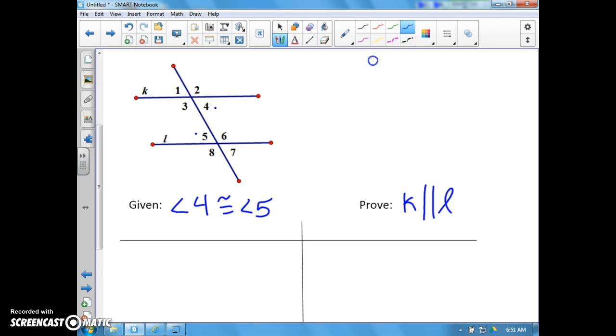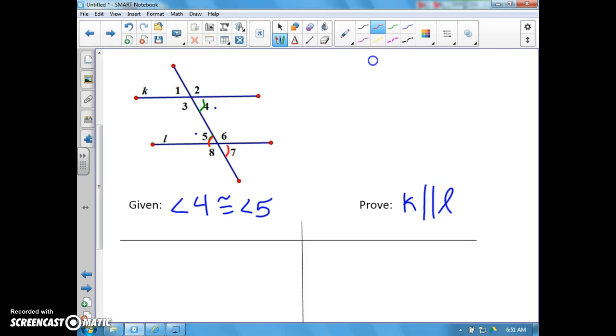Now, this process is going to be really similar to the last proof we just did. We're just moving in reverse. So looking at what I'm given in this diagram, we know 4 is congruent to 5, and we know that 5 would be congruent to 7 because they're vertical angles.